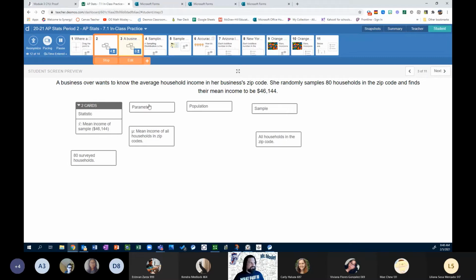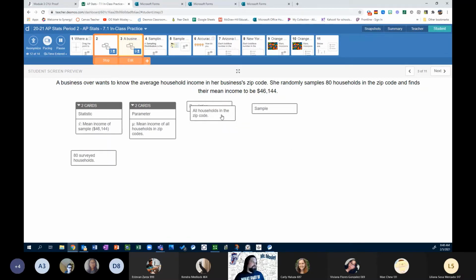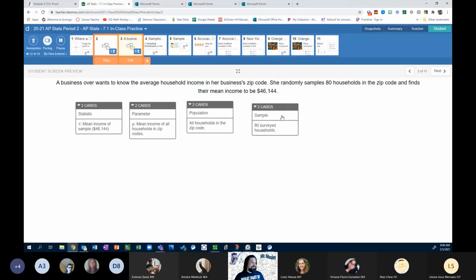The parameter would be mu, the mean income of all households in the zip code. The population is all households in the zip code, and the sample is the 80 surveyed households. So that's how these terms apply to our context here.